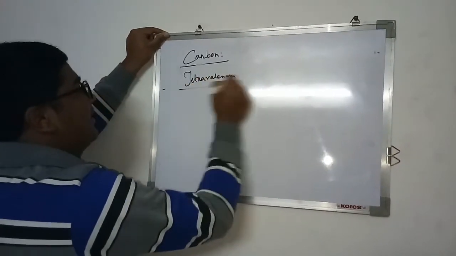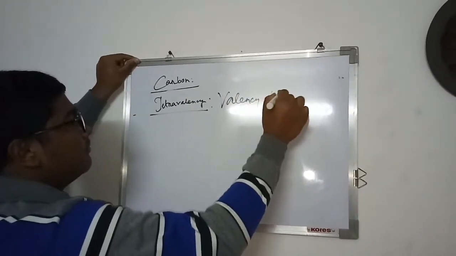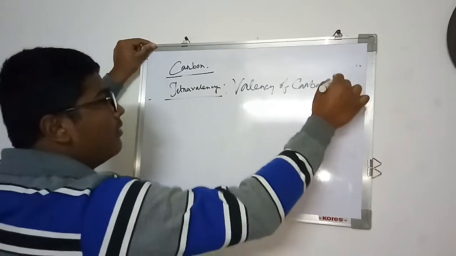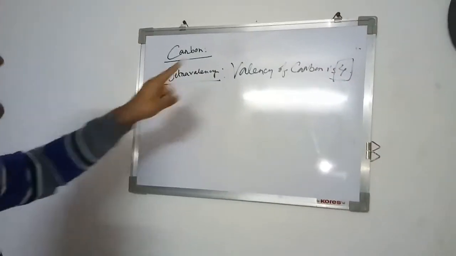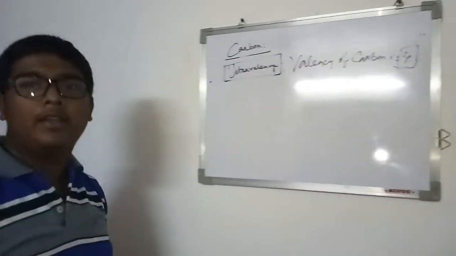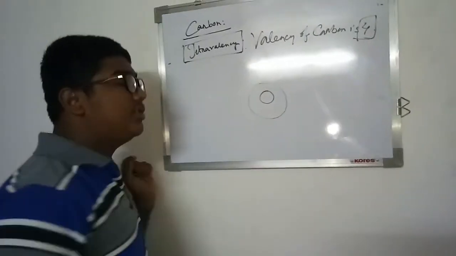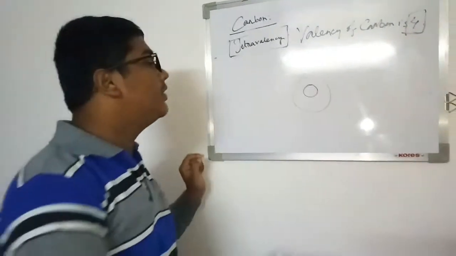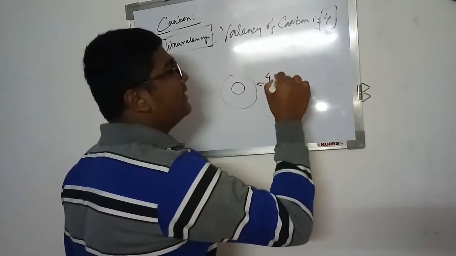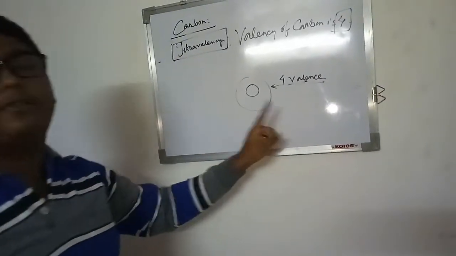The valency of carbon is 4. 4 means tetra, and since its valency is 4, that's why we say it as tetravalency. Now, since the atom of carbon does not permit giving out or gaining 4 of its valence electrons at a single time, it is impossible for any atom.